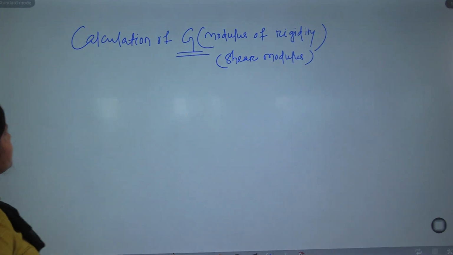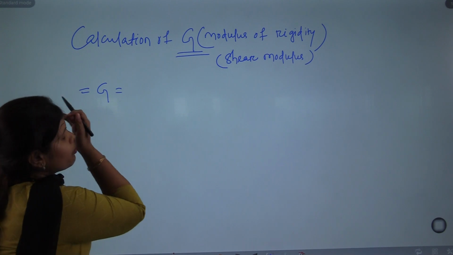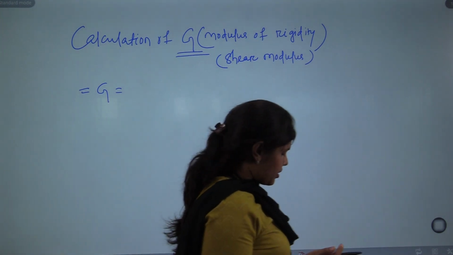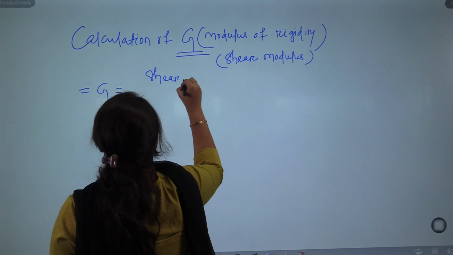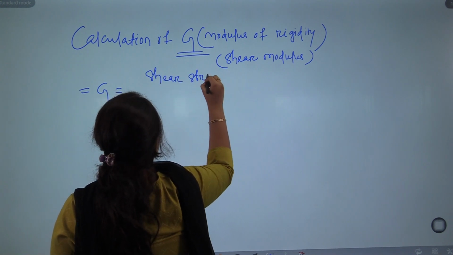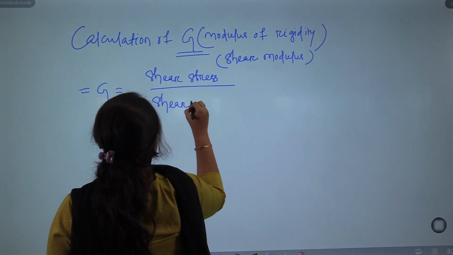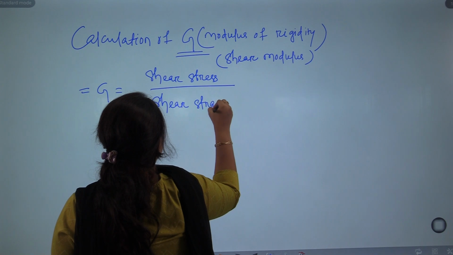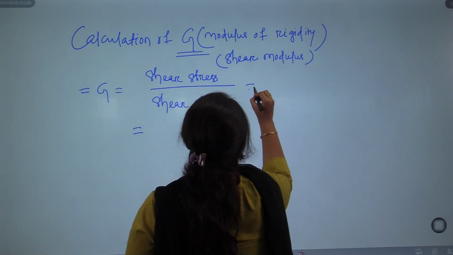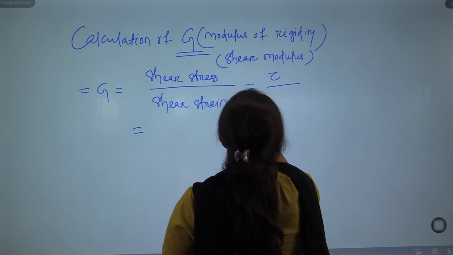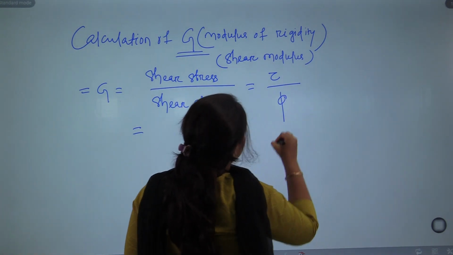So, the formula for G is shear stress upon shear strain. Shear stress is your tau, and shear strain is your phi.